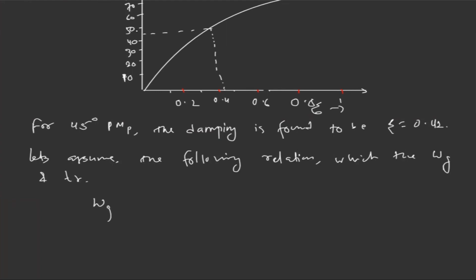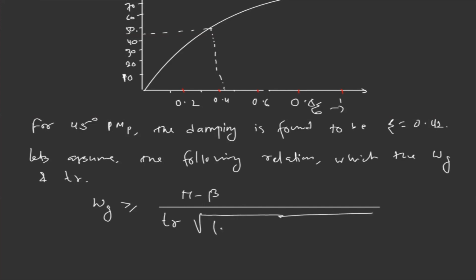So we have omega g greater than (pi minus beta) over tr, where beta is the one we already found, times the square root of (1 minus zeta squared) over the square root of (4 zeta to the 4 plus 1 minus 2 zeta square).